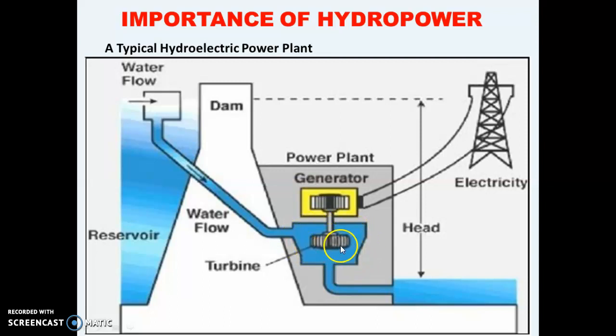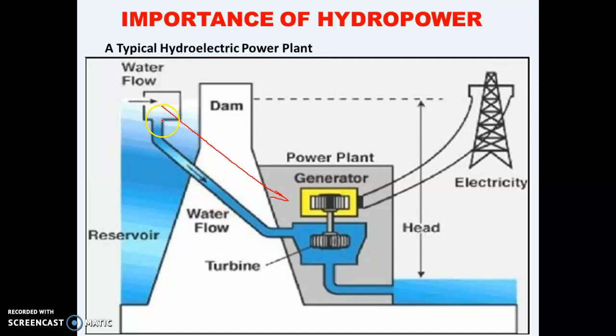This is the turbine shown here. It is attached to a shaft, and on that same shaft a generator is also attached. So the turbine and generator are on the same shaft. Now what happens is, water which is on the upstream side of the dam falls through this pipe which is known as a penstock.